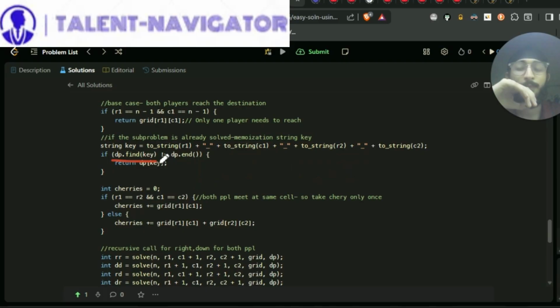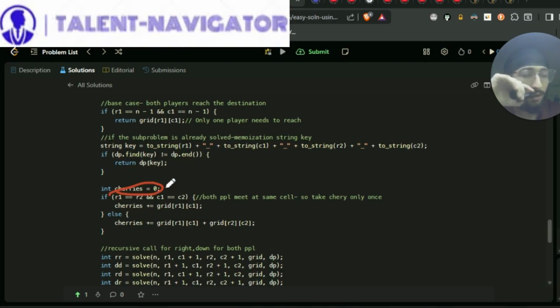We also check that if we are able to find the key in the DP matrix, then we return it, so as to avoid recalculating a sub problem that has already been calculated. This would avoid TLE, so that is why I return it here.